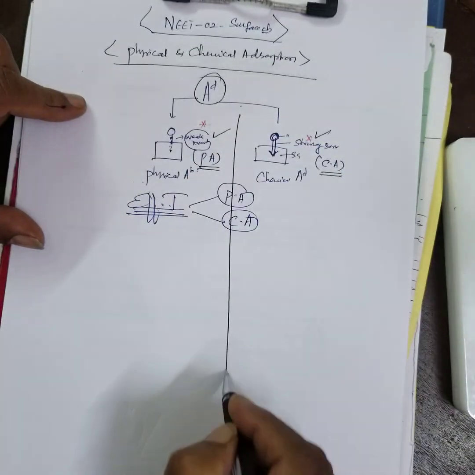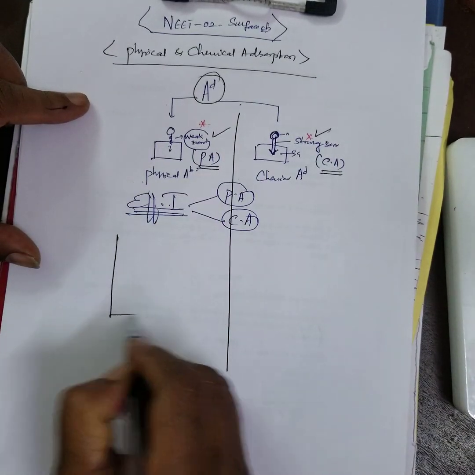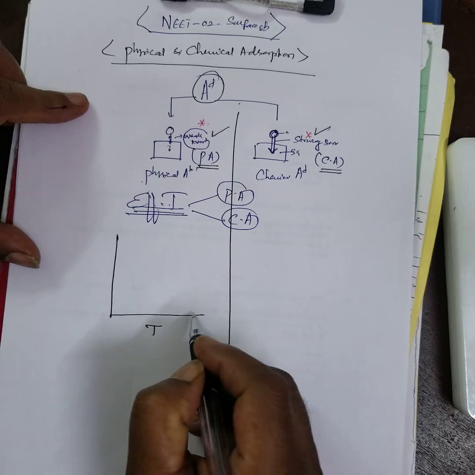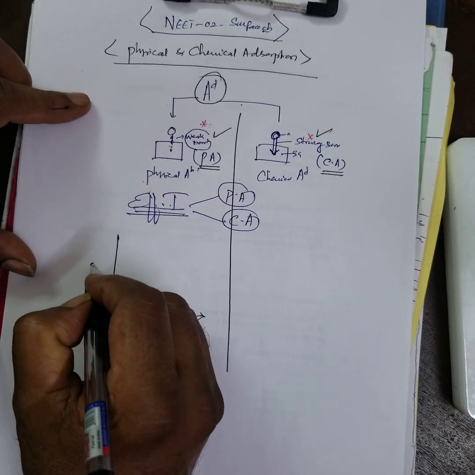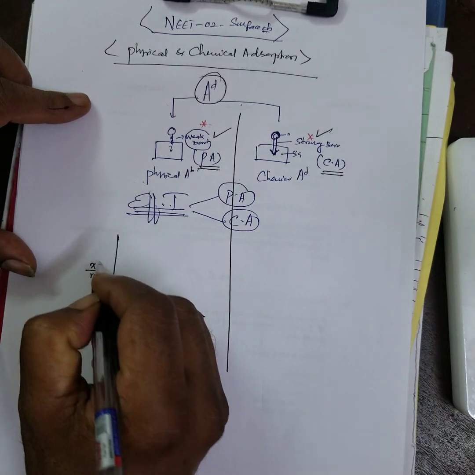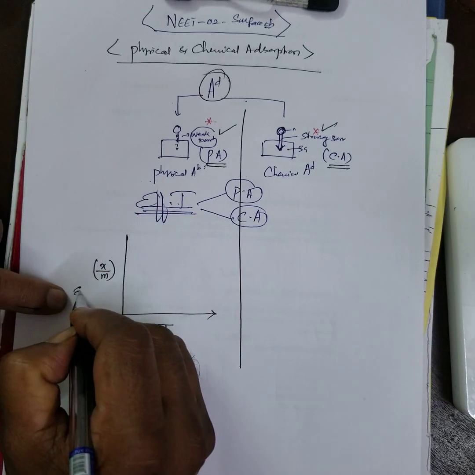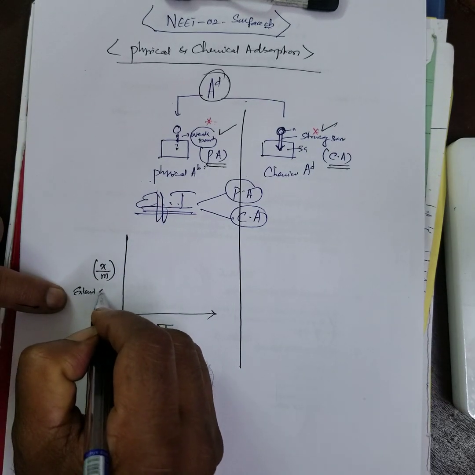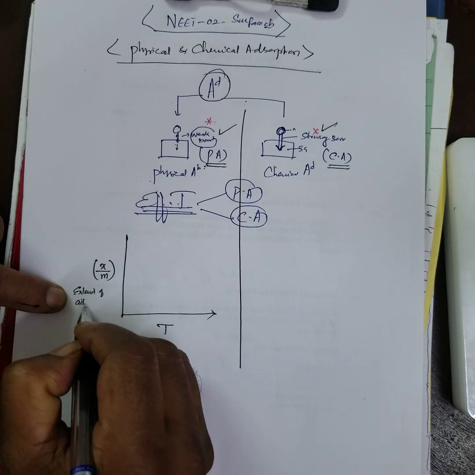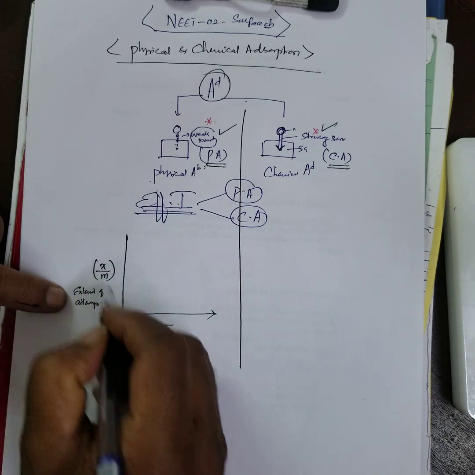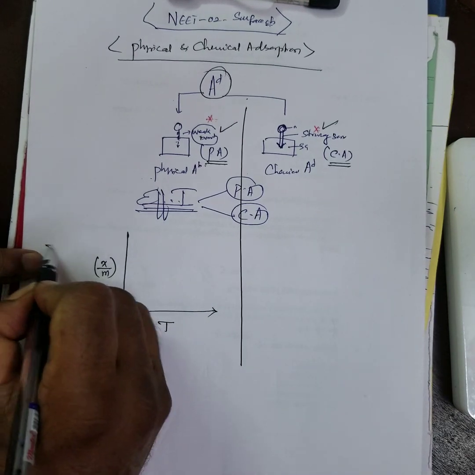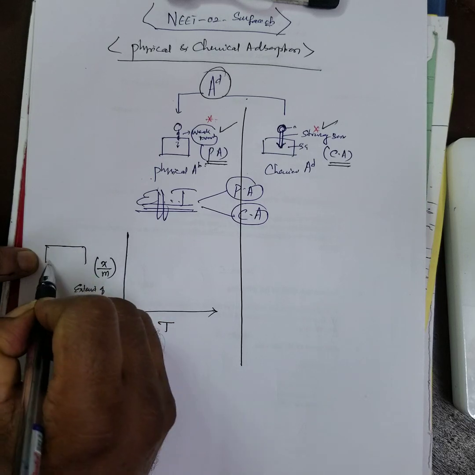Now, for physical adsorption, what I write: the temperature along the x-axis. This is the extent of adsorption. How much is adsorbed on the surface?